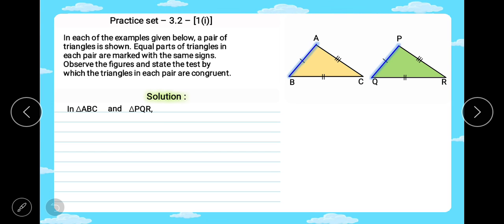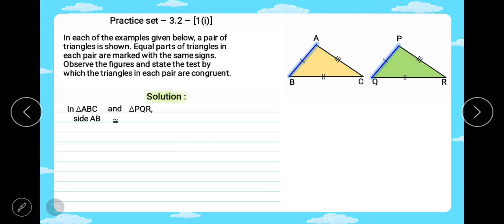Now, by observing the marks we have to write it. Here you can see a single mark on these sides, which means these two sides are congruent to each other. That is, side AB is congruent to side PQ. So we'll write that here.